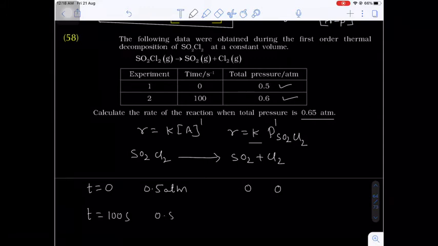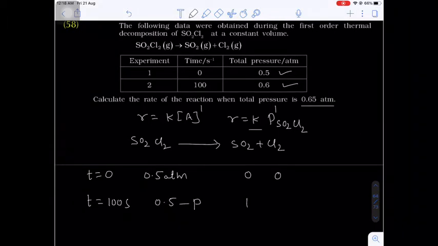Now at a time interval T, that is given 100 seconds, let's suppose out of 0.5 atm, P atm decomposes, according to which P atm SO2 and P atm Cl2 will be formed.